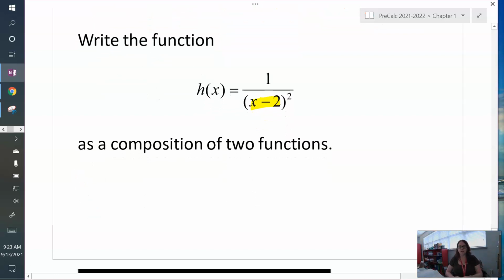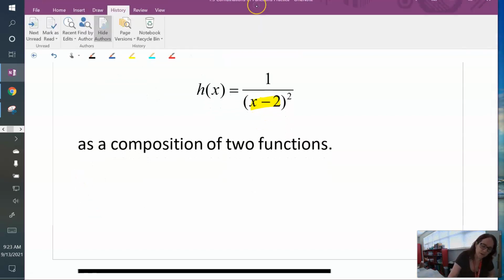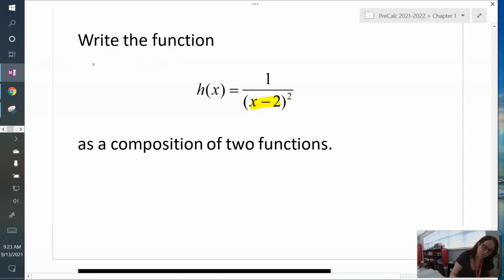So I'm going to say, okay, my one function, g of x, is x minus 2. Now that's been put inside another function. And what that other function is doing is it's doing 1 over that. So then f of x is going to be 1 over x squared.